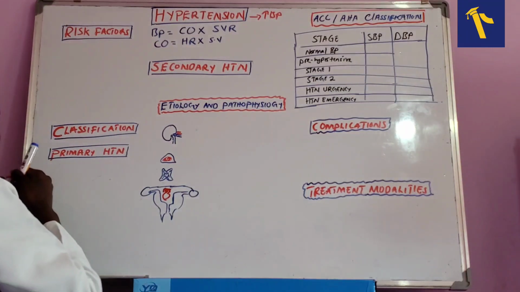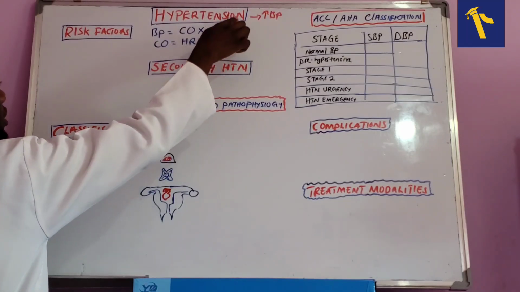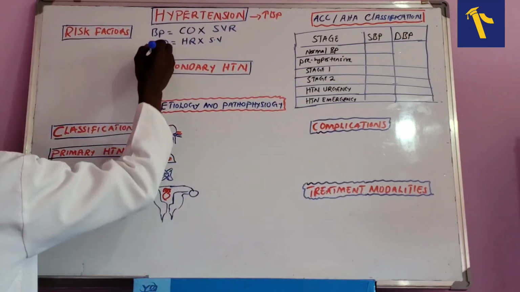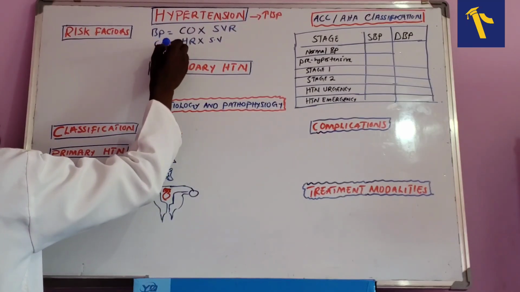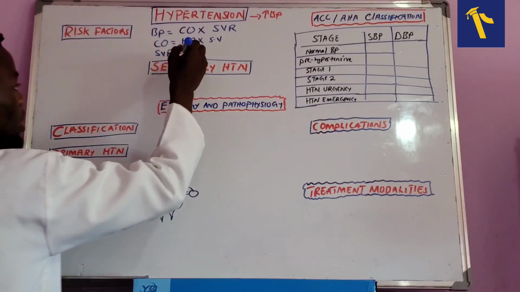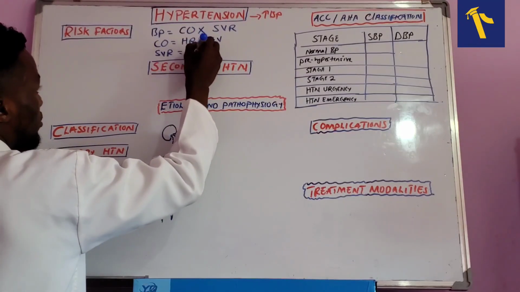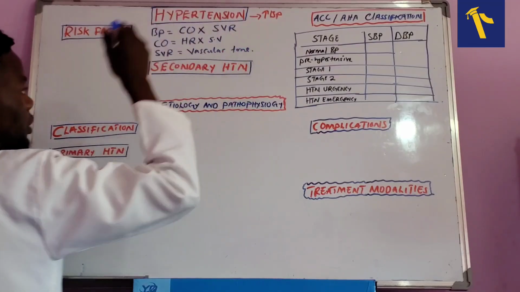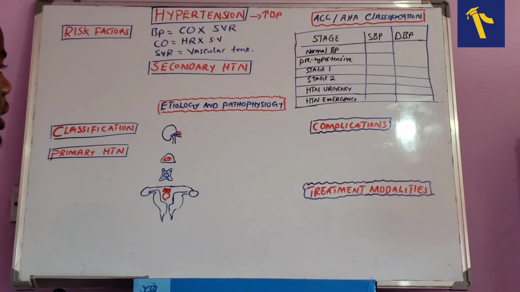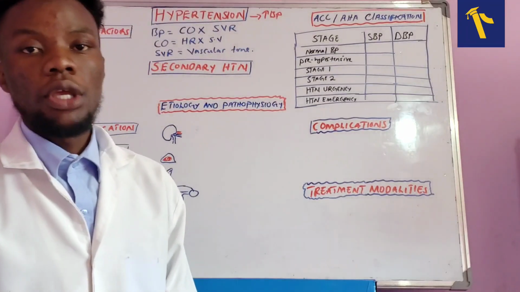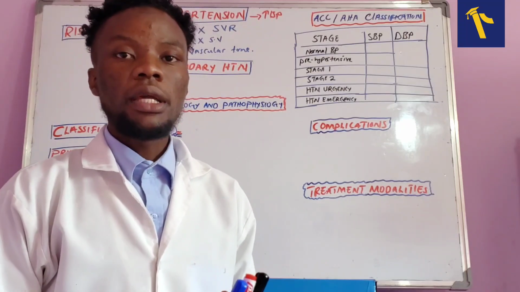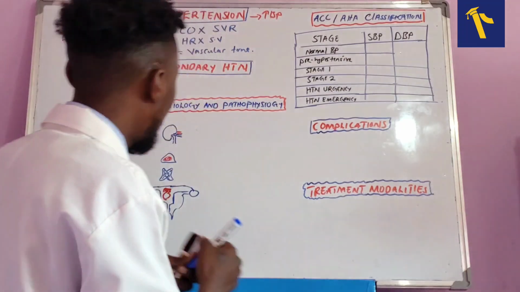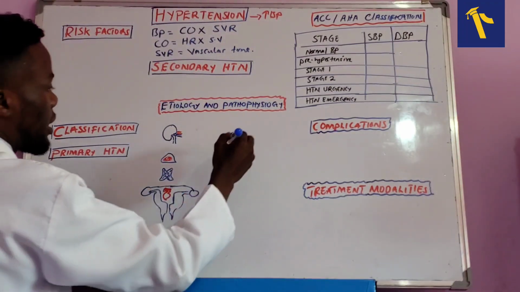The last important concept is systemic vascular resistance. What does it depend on? Vascular tone. What does that mean?